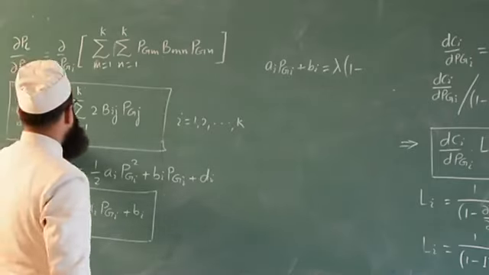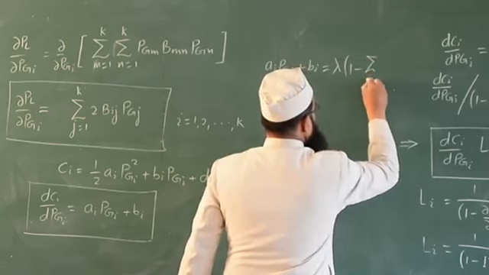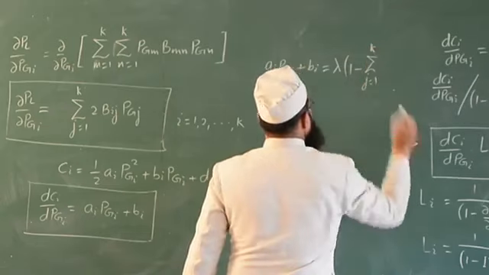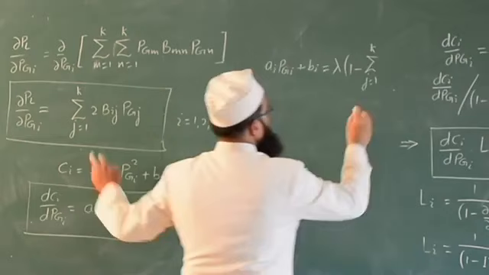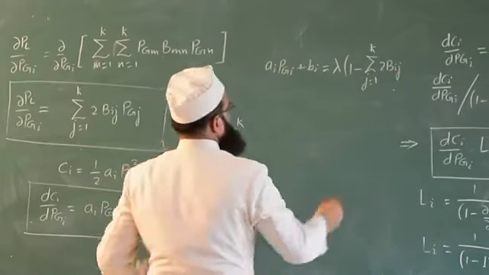So del PL upon del PGi is summation j is equal to 1 to k, 2 Bij PGj.